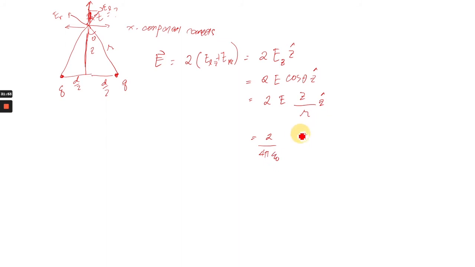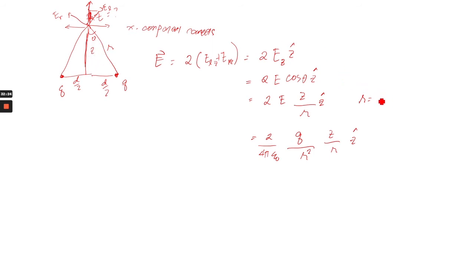Q over R squared, right? Now what is R? We can get it also using the Pythagorean theorem.